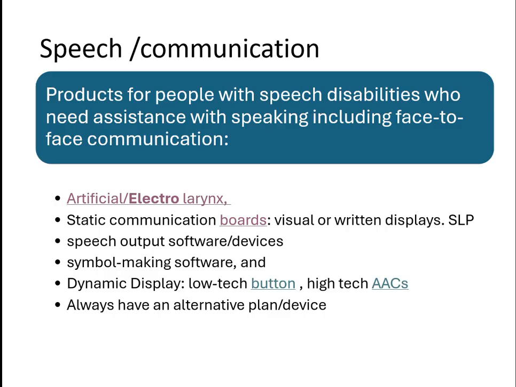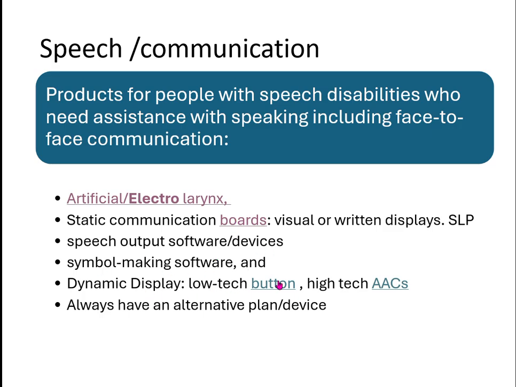So the client will input the information, and then they will hit enter or say, and then it will say whatever this client wants to say. We will see an example here in a minute. And it could also be symbol making software. So software that can produce pictures, and those are boards that, like we saw earlier, a board that is made out of cardboard or laminated and static.